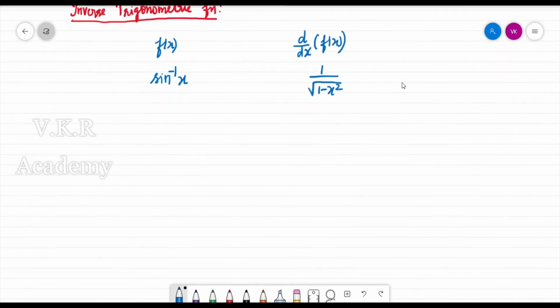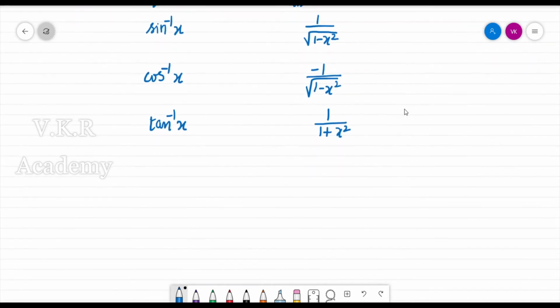The derivative of cos inverse x is minus 1 by root of 1 minus x squared. The derivative of tan inverse x is going to be 1 by 1 plus x squared.